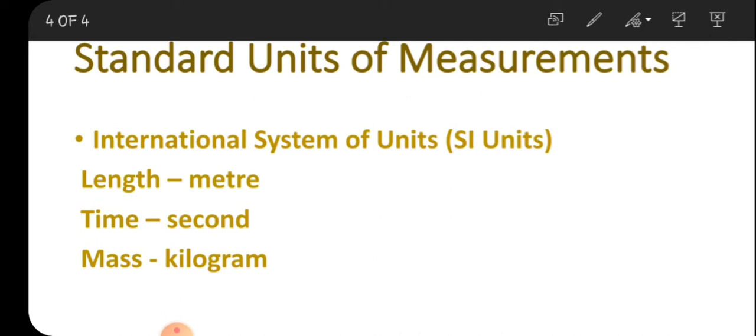And also in ancient India, small length measurements used were an angul. Angul means a finger. In Tamil, we say angulam. Or a musti, a mutti, that is our fist.